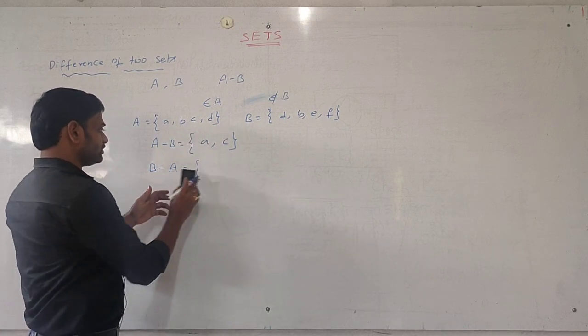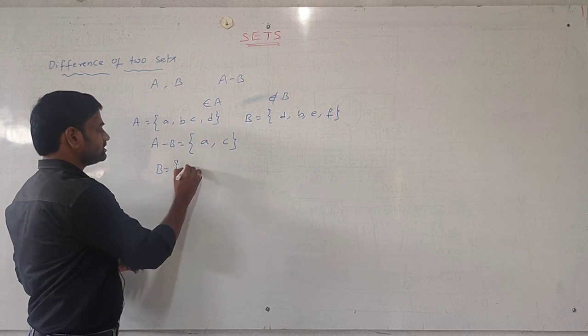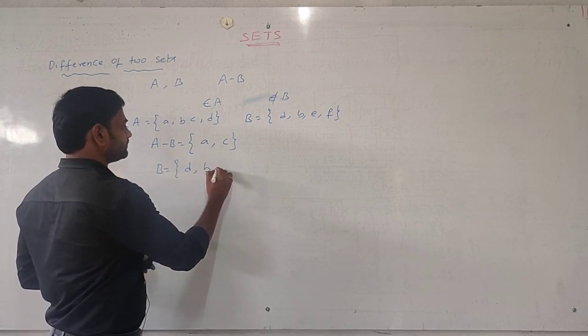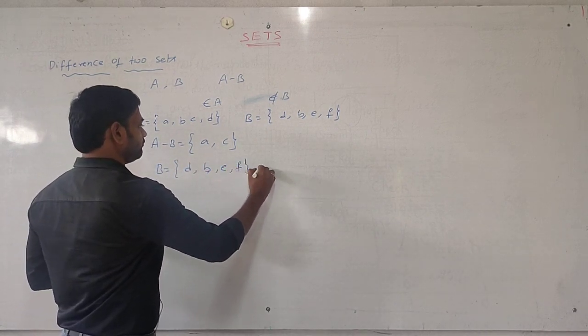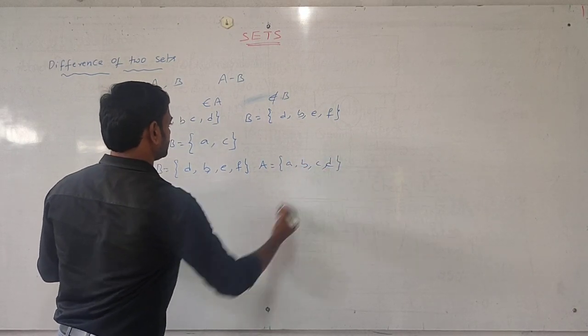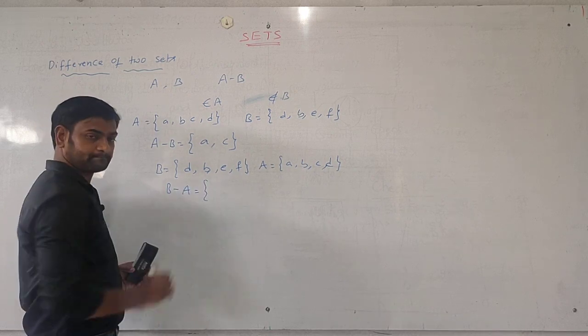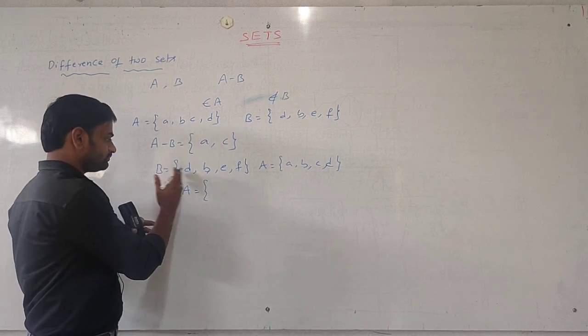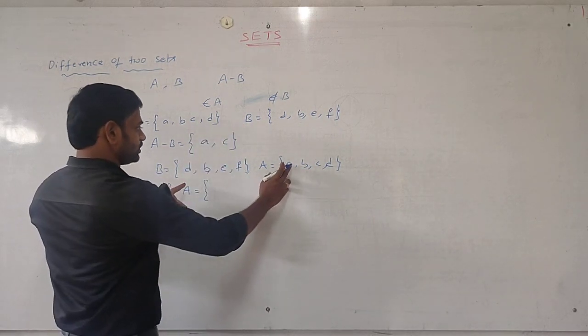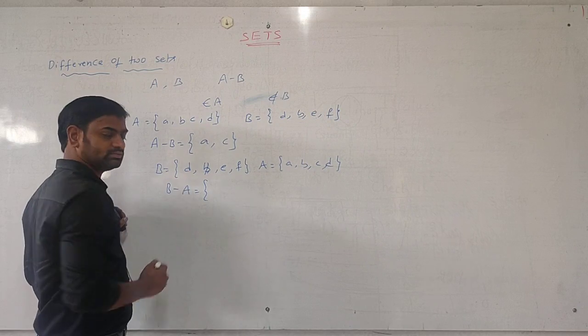See here, if you are confused, first I am writing B. B is {D, B, E, F}. A is {A, B, C, D}. Now for B minus A, from the B, eliminate A elements. A is there? No. B is there? Cancel this one.